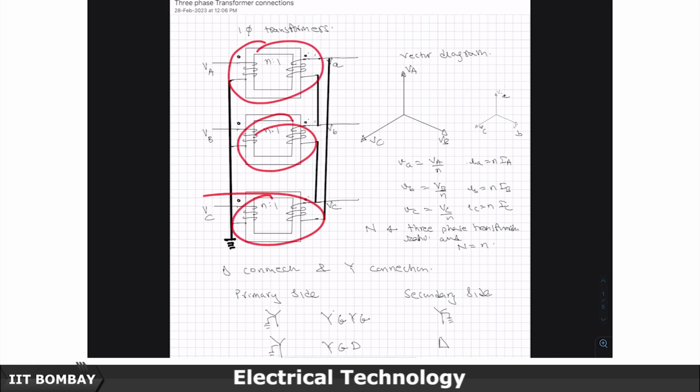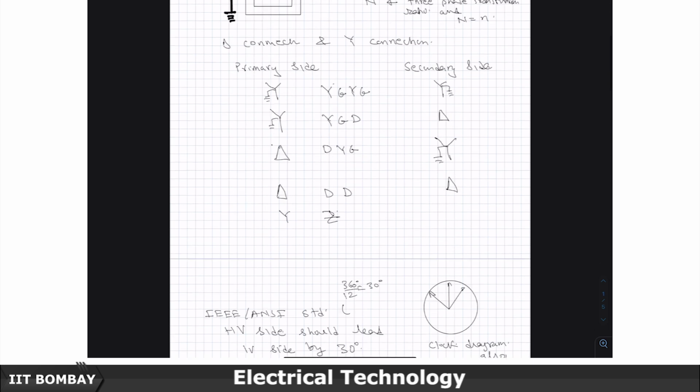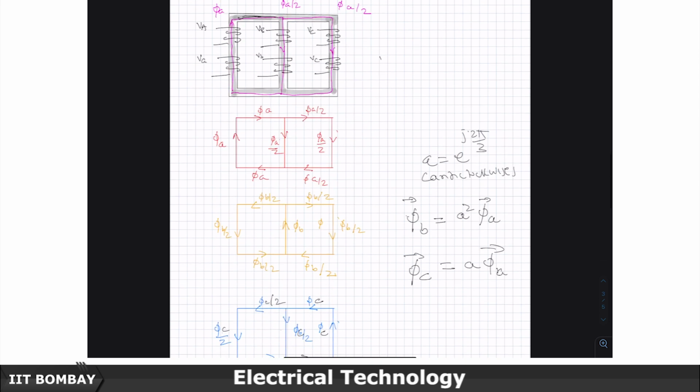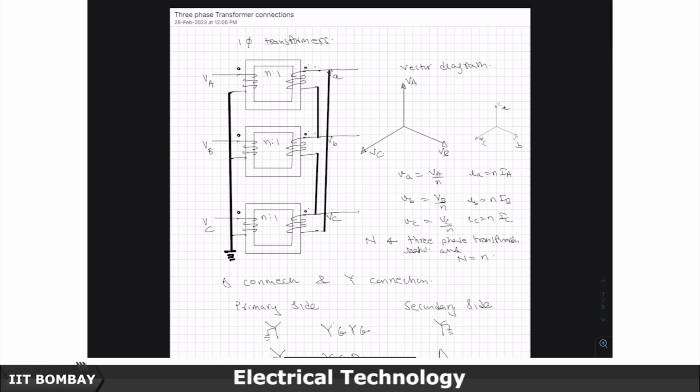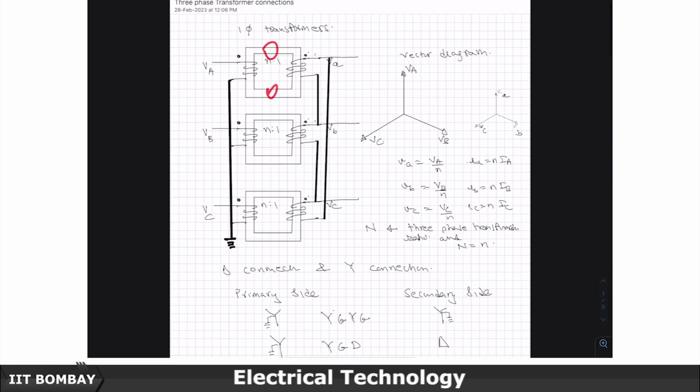If I had 3 single phase transformers like this, then I need 6 central cores: 1, 2, 3, 4, 5, 6. But now I have optimized my construction by only having 3 central limbs and 4 horizontal limbs, while here I had 6 horizontal limbs.